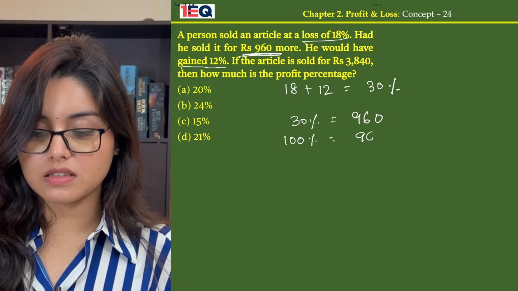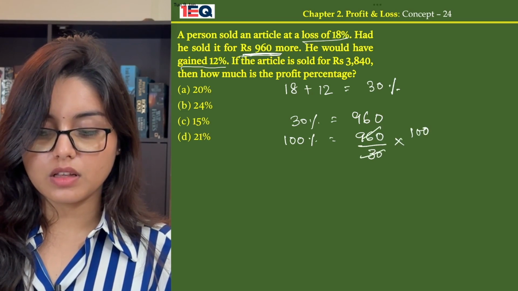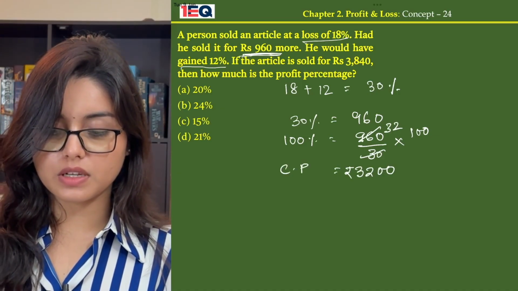100% will be equal to 960 by 30 into 100, that is rupees 3200. Now, this is our cost price.